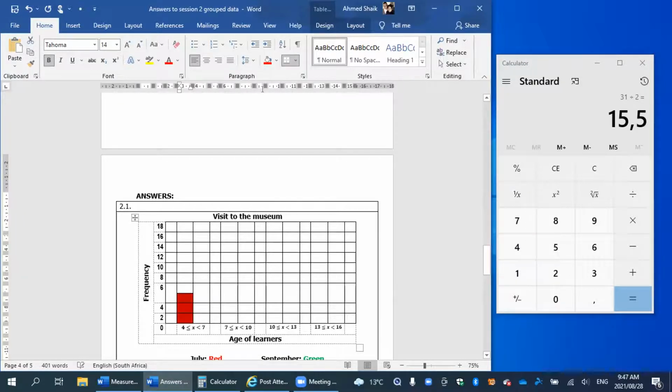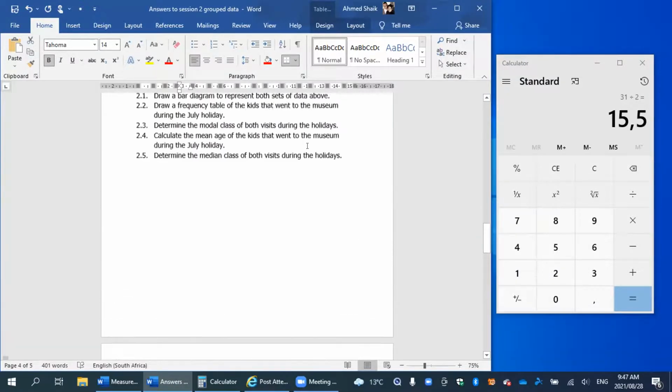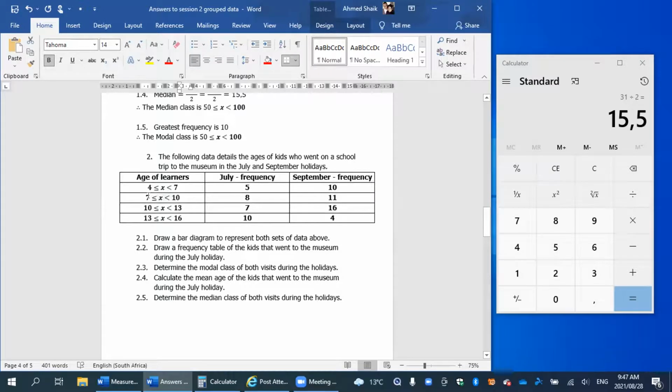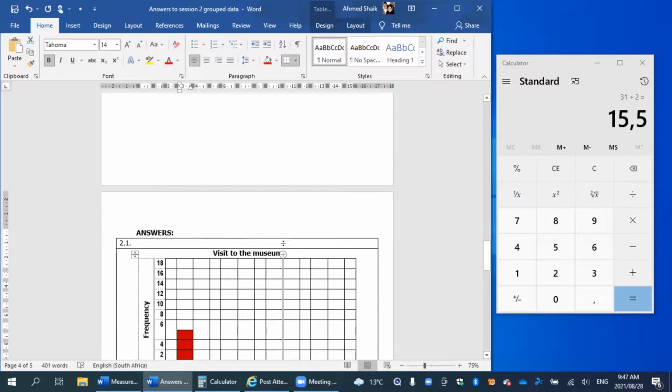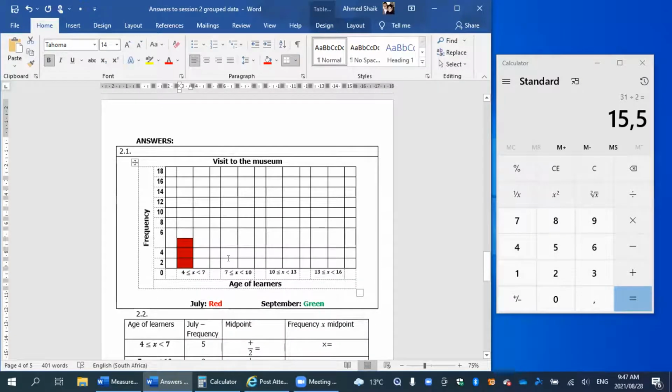And we said we're going to choose red for July. Okay, let's look at our second frequency. We have from 7 less than or equal to x, which is less than 10, and we have a frequency of 8. So here, we're going to go all the way to 8 and highlight.